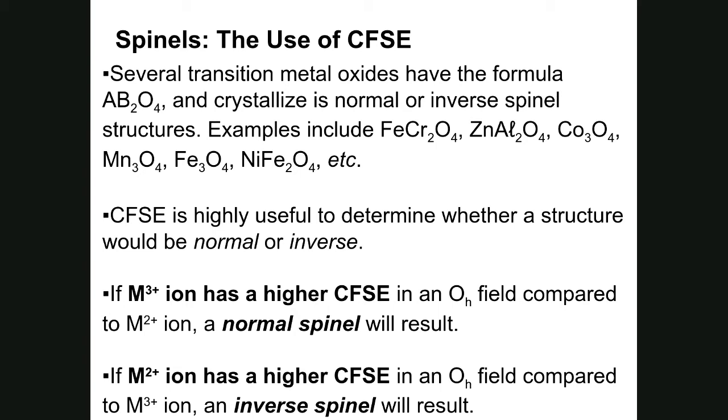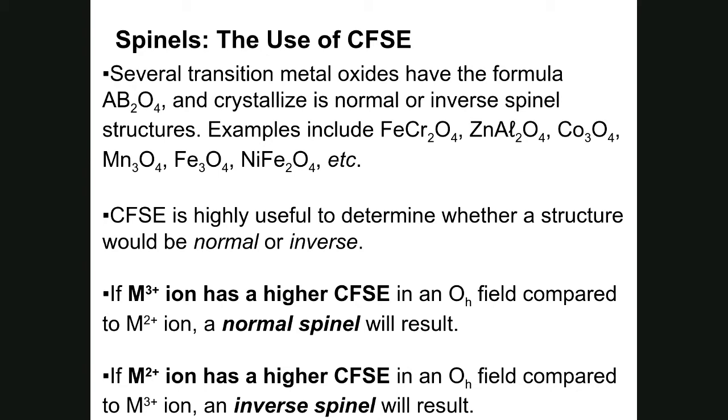That is dependent on the siting of the different oxidation states of the metal ions in that spinel. It's going to be normal if the divalent oxidation state entirely resides in a tetrahedral environment, and the 3+ resides in the octahedral sites.